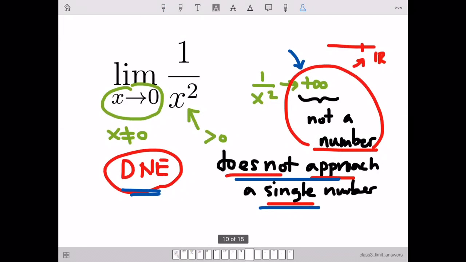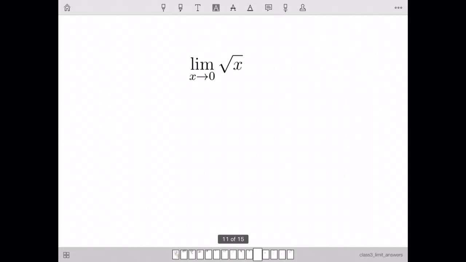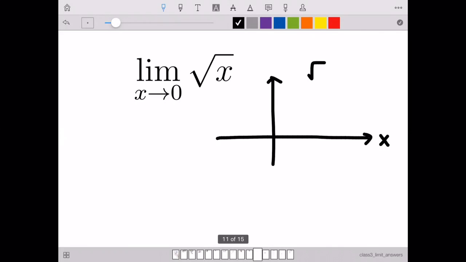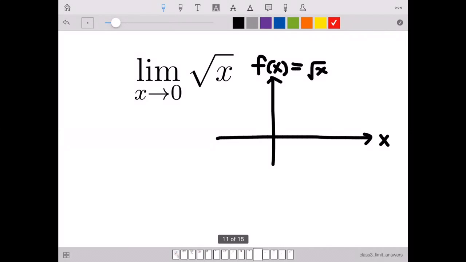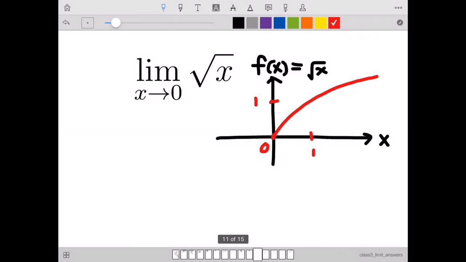And then the next example, D, limit as x approaches 0 of square root of x. Okay, so if we look at the graph of square root of x, square root is only defined, as you know, right, for non-negative numbers.